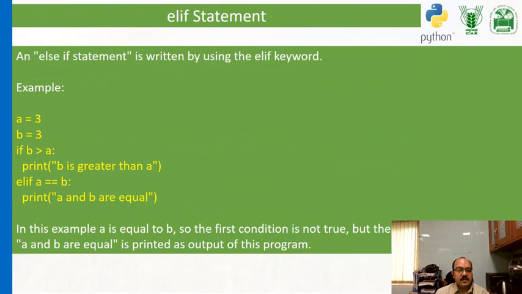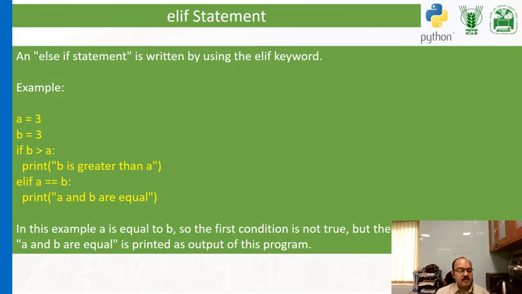Next one is the else if statement. As we have seen earlier, the else if statement is written by using the elif keyword. As an example, say a is equal to 3, b is also equal to 3. Now the if condition comes: if b greater than a, print b is greater than a, else if a equal to b, print a and b are equal.